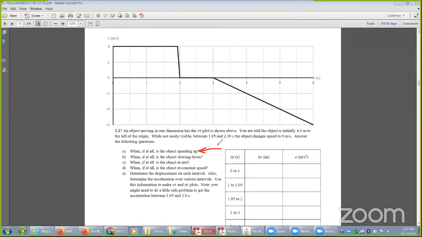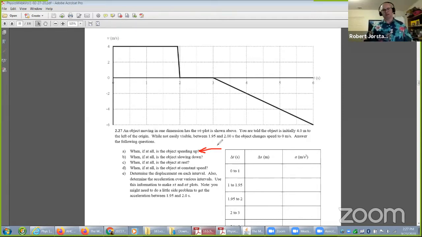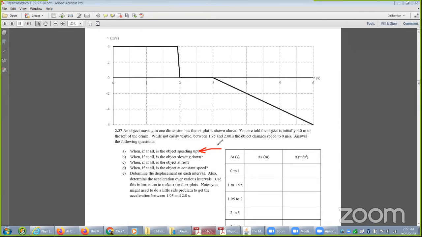What I was thinking is that two things came to mind. Speeding up, is it referring to acceleration? Yeah, I guess so, right? Speed is related to velocity, but speeding up is related to acceleration. You're right. The only points where there is an acceleration, I would say after 3 seconds.